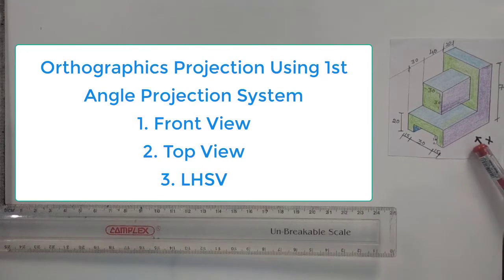So you see the front view of the objects and draw the elevation, top view and left hand side view of the objects.